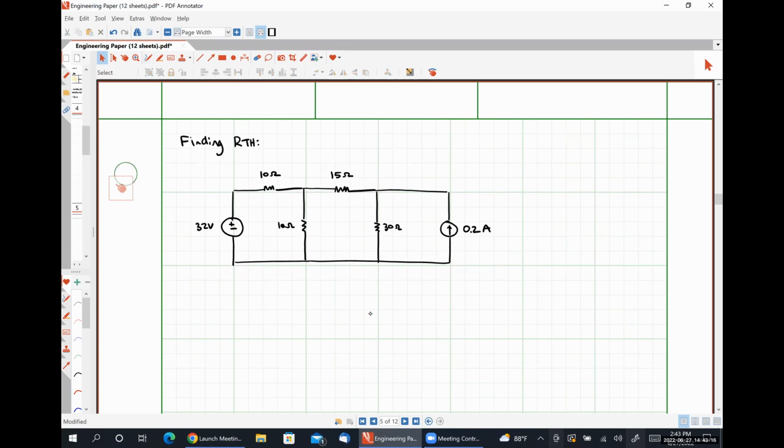All right, so we need to remove our 15 ohm resistor. And it's going to leave behind the terminals that we're looking into. We need to be looking at a dead network, which means our 32 volt source is off and our 0.2 amp source is off.